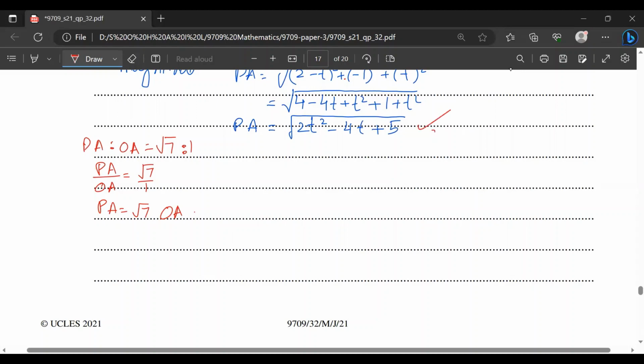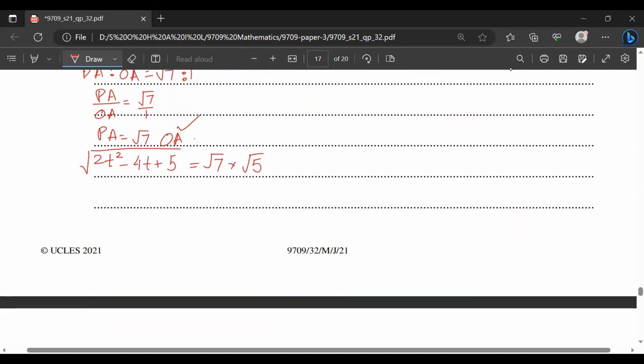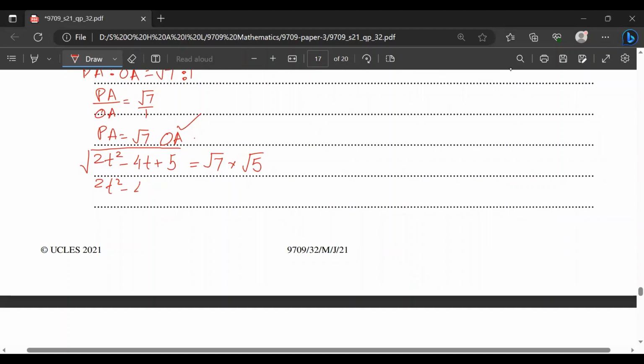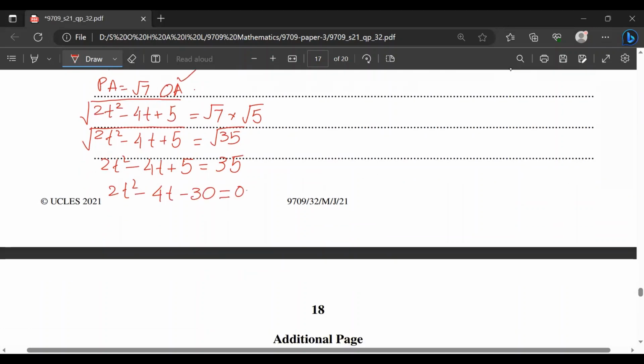PA length is here, root of 2t square minus 4t plus 5, equals root 7 into OA magnitude, which is already in the first part, root 5. So root of 2t square minus 4t plus 5 equals root 35. Squaring both the sides, 2t square minus 4t plus 5 equals 35. So 2t square minus 4t minus 30 equals 0. So divide by 2: t square minus 2t minus 15 equals 0.